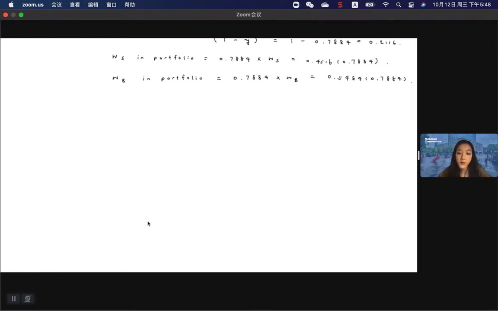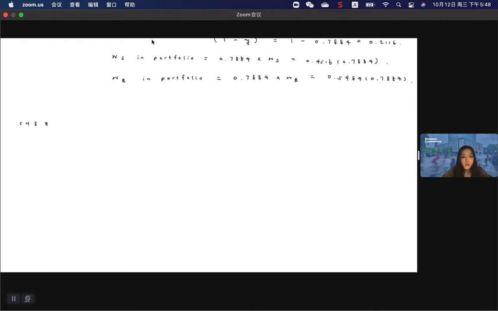For example, portfolio X, which is B in the question. Portfolio X has a higher expected return than portfolio Y, but it has a lower standard deviation. So therefore, if X is on the efficient frontier, then Y cannot be on the efficient frontier. So that is chapter 7. We'll go to chapter 8 next.